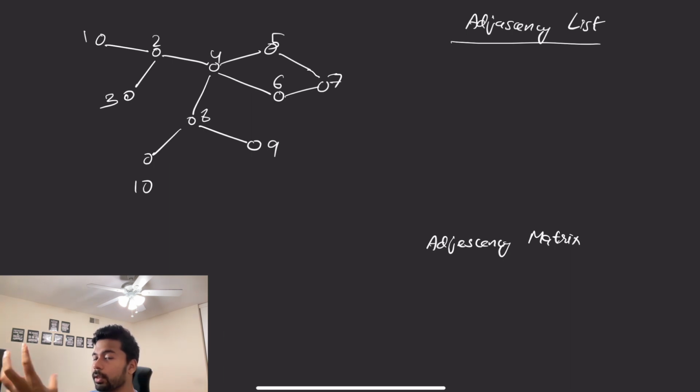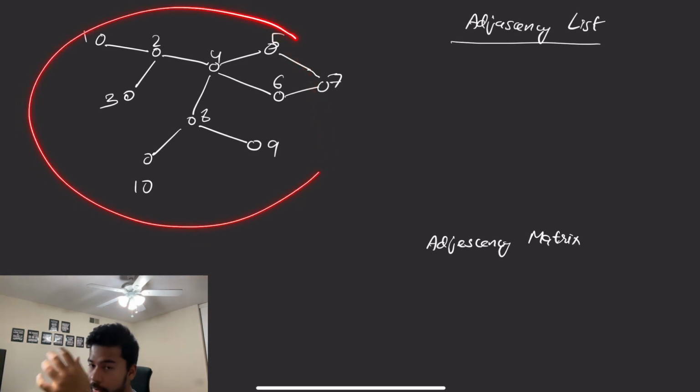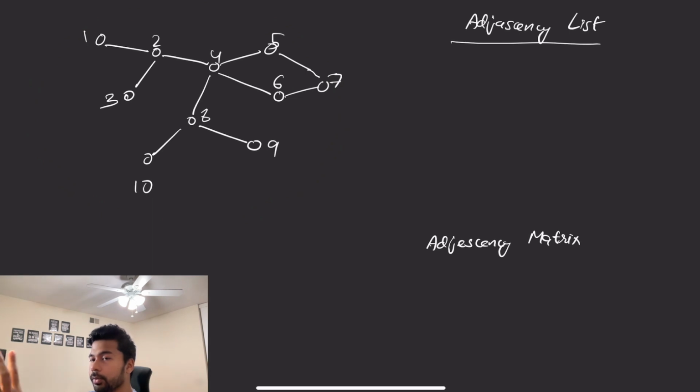So the adjacency list and the adjacency matrix encapsulate the information that is already present in this graph, meaning if you have the adjacency list or the adjacency matrix, you can reconstruct this graph, right? This is a visual representation. Think about that as more of a coded representation or something, right? So the adjacency list works like this.